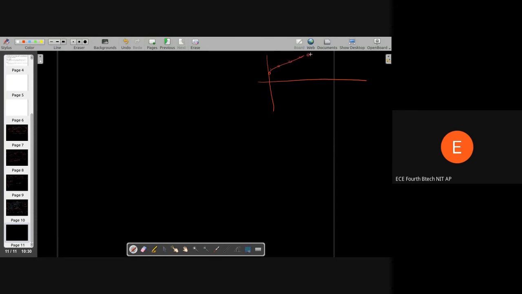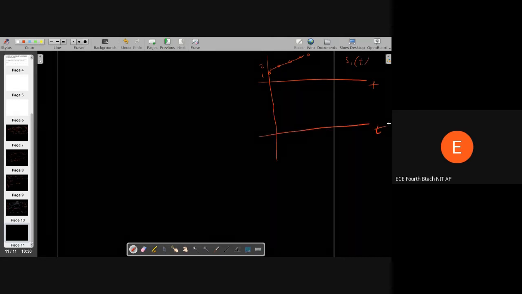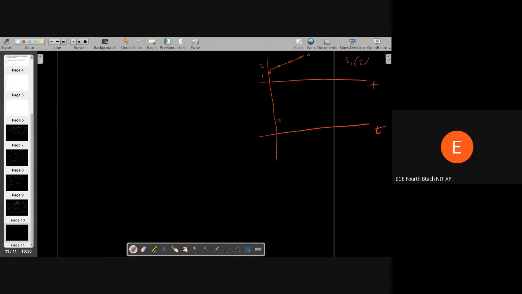This is time. This is S1T. Another one is there: 1 2 3 4 5. Exactly the same. Just imagine two exactly same signals.